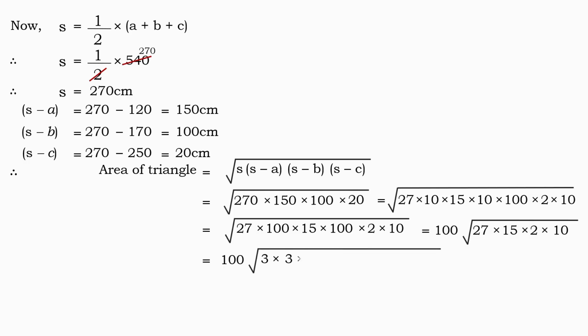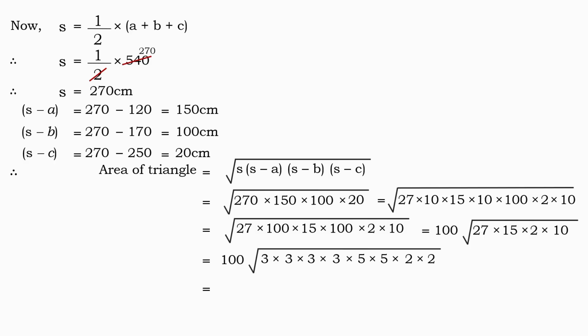Now what we will do, we will now simplify. Now we will make the factorization of 27, that is 3 into 3 into 3. Now 15 means 3 into 5. 10 is 5 into 2 and 2 will remain as it is. Now you can see that there are 2 pairs of 3, 1 pair of 5 and 1 pair of 2.